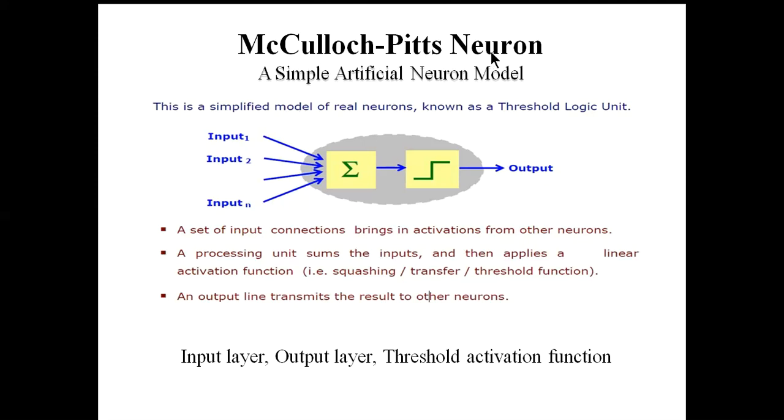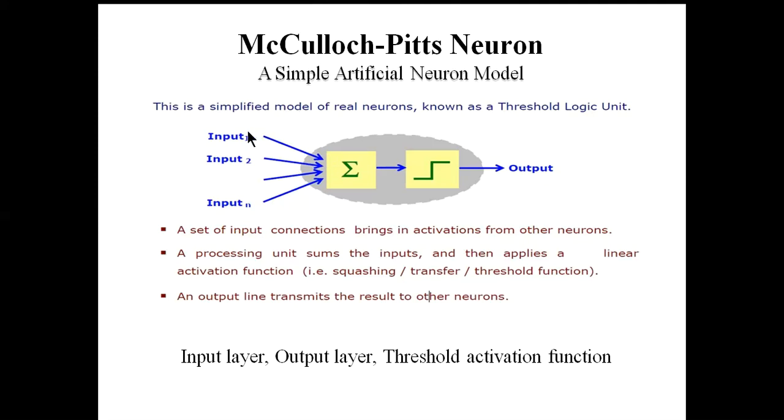It is a simple artificial neural model inspired by the biological neuron, which has two sections. One is the accumulator section, where different inputs are accumulated, and the accumulated input goes to the threshold section, or activation section. The output of the activation section is the output of the system.